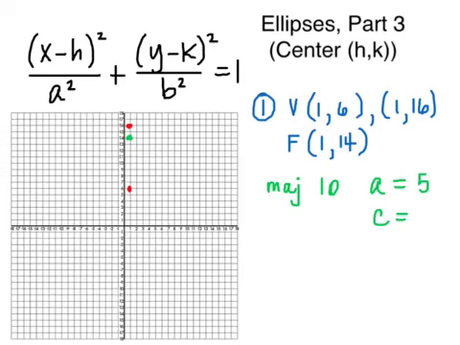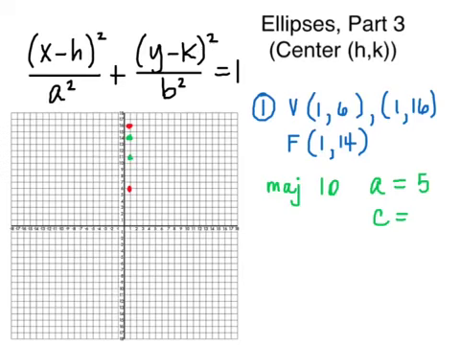So you can either count 5 units down or 5 units up from the vertices, or you could average them if it was a difficult number. You could take 6 plus 16 divided by 2, and you could get the actual point that way. So 6 plus 16 would be 22 divided by 2 would be 11. So we know (1, 11) is going to be where the center is.